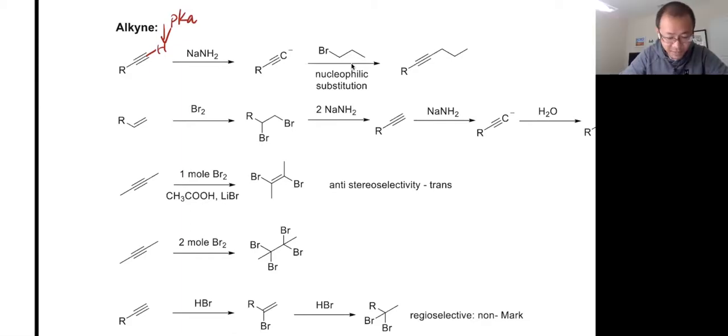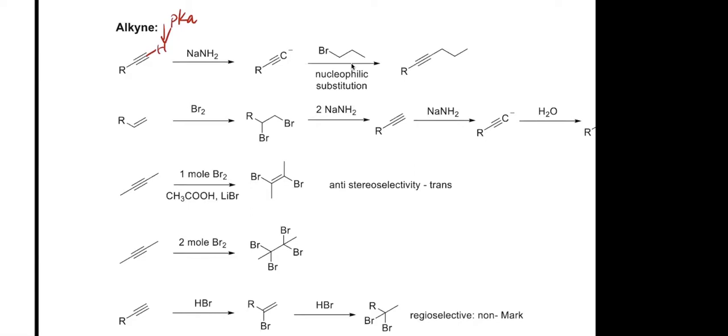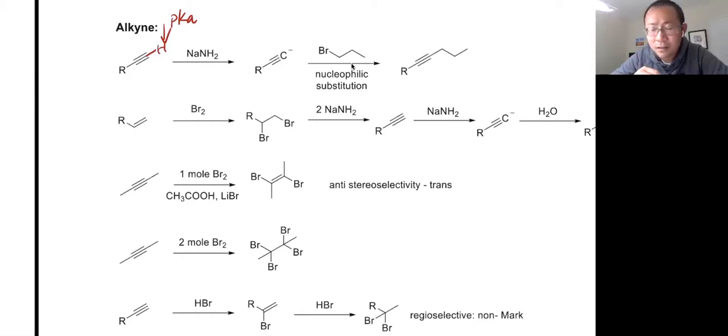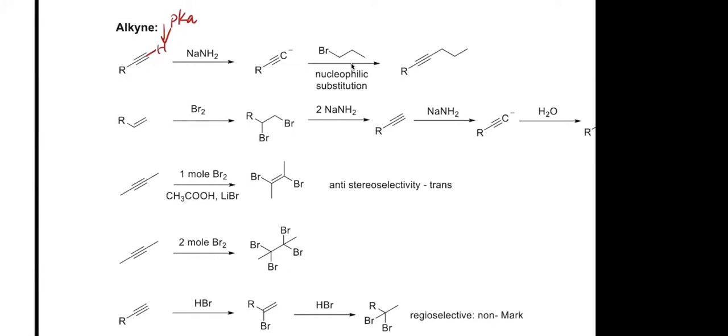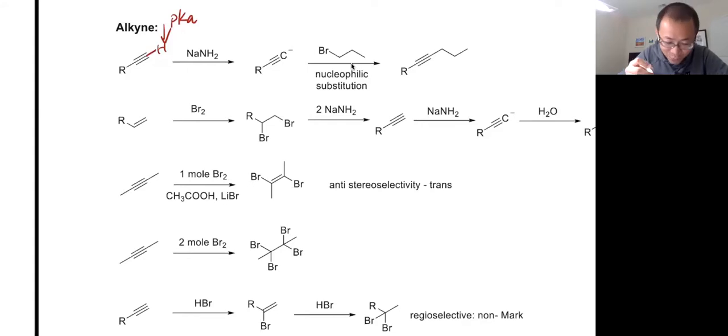No. What is the pKa for sp? Is it 50? No. 16 is for hydroxide. Think about it. 25. Okay, the pKa is around 25.